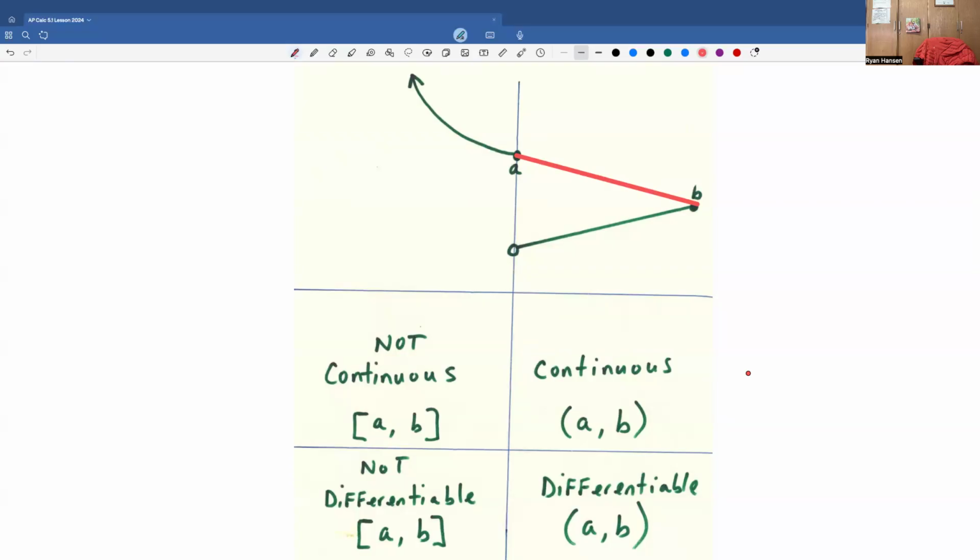So this, you could not use the mean value theorem. It doesn't work. Why doesn't it work though? Correct. But what screws up the picture? The jump at A. So to not have this happen, because what does the mean value theorem do?